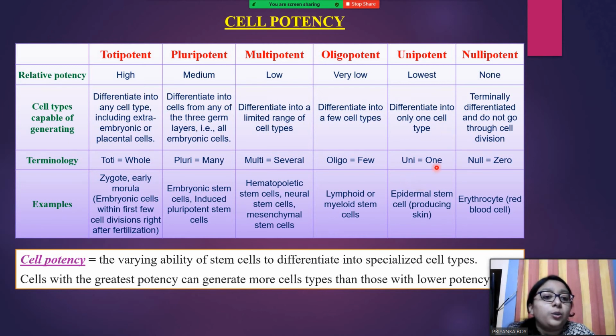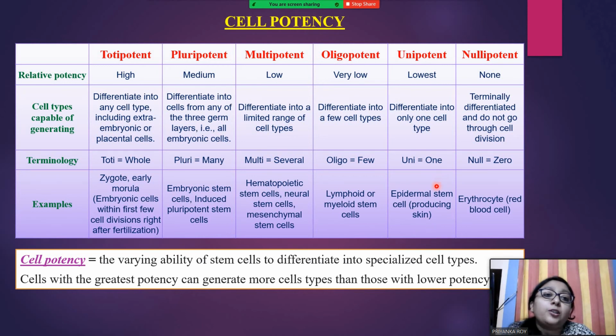The unipotent stem cell example is the epidermal stem cell, which is basically the skin cell. Whenever we get a bruise or our skin gets chipped off, the epidermal stem cell generates new skin cells which cover that portion. So that is an example of unipotent stem cells.